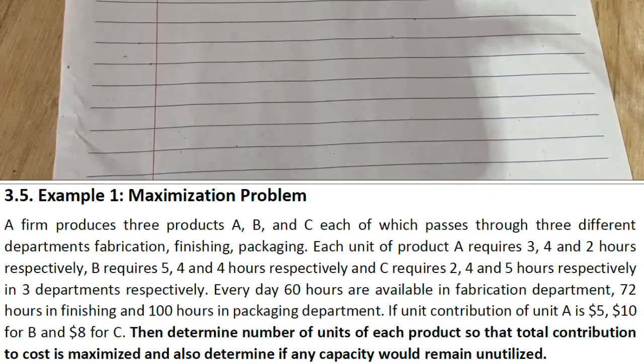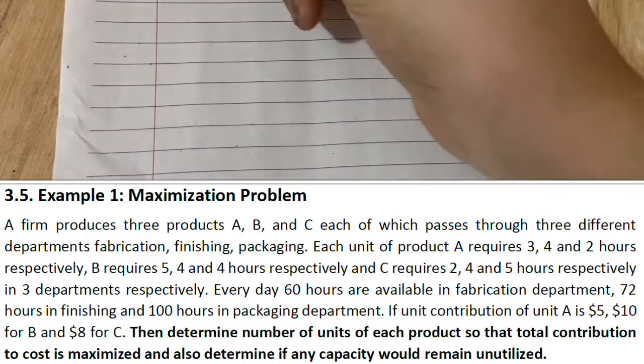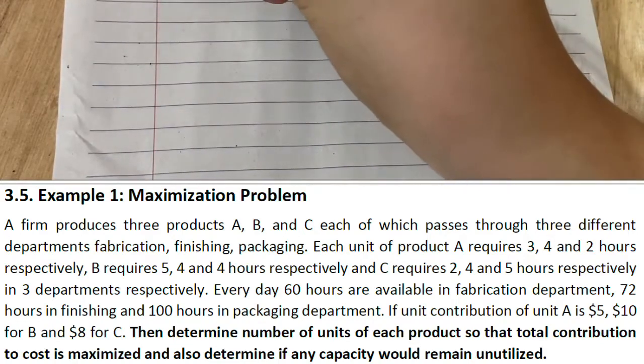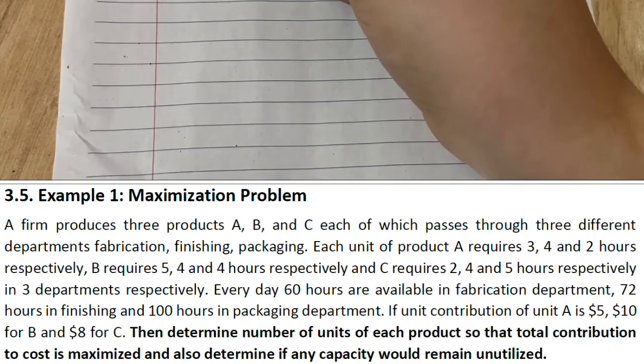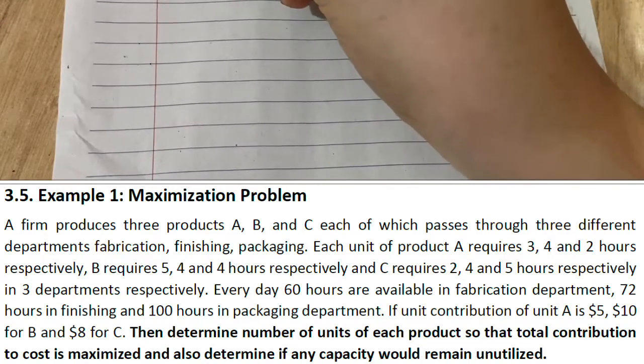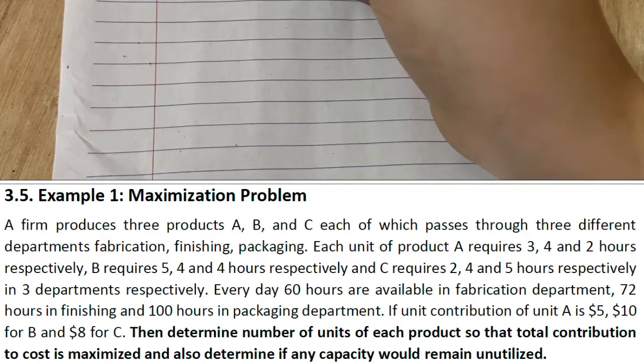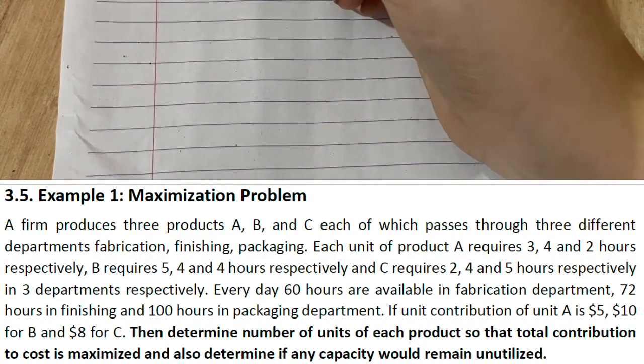Okay, so with that problem at hand, you have the following linear programming model. As always, the same with solving it using graphical, you first have to create the linear programming model. So in this case, we'll let x1, x2, and x3 be the number of units produced of products A, B, and C respectively.